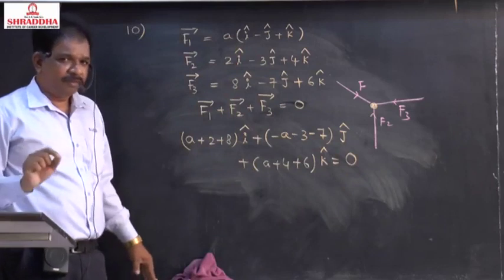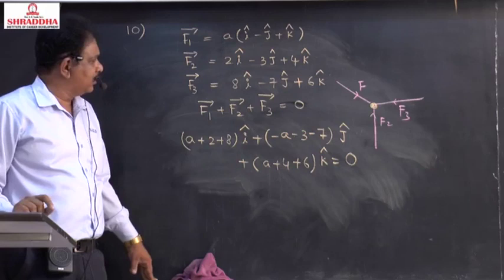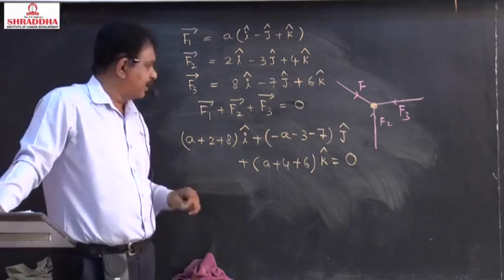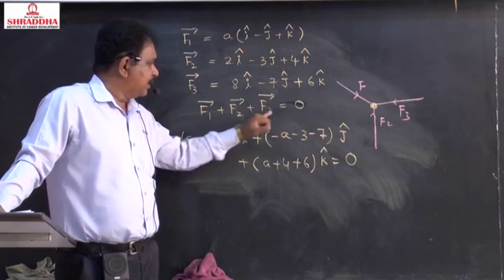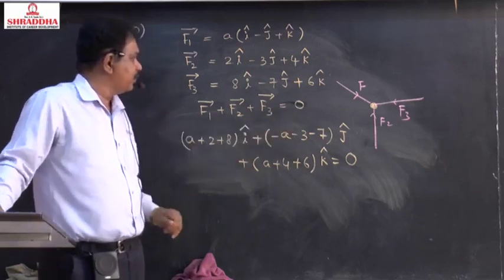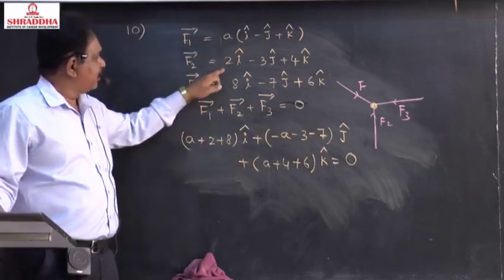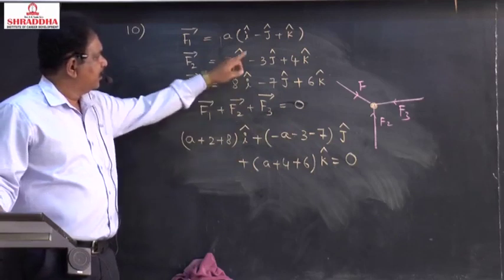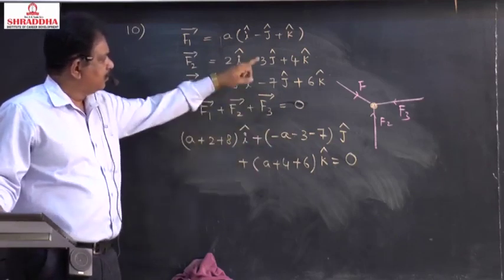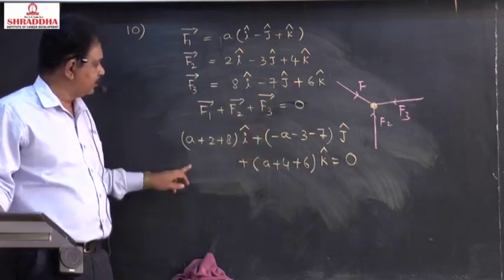Simple only. Understanding? F1, F2, F3 are applied on a particle, and the particle is in equilibrium, which means their sum is equal to 0. Then add these: A plus 2 plus 8 I cap, minus A minus 3 minus 7 J cap, 1 plus A plus 4 plus 6 K cap is equal to 0.